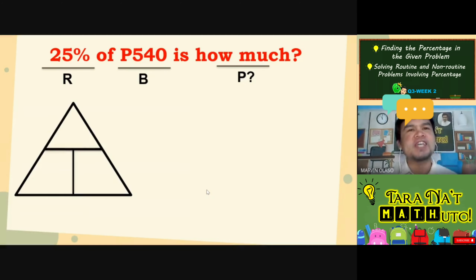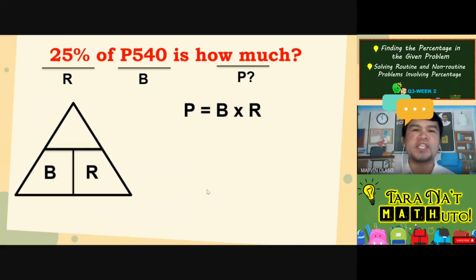Using again the second triangle, since ang nawawala natin ay letter P pa rin, we will use the same formula which is P equals B times R, which stands for the base times the rate.